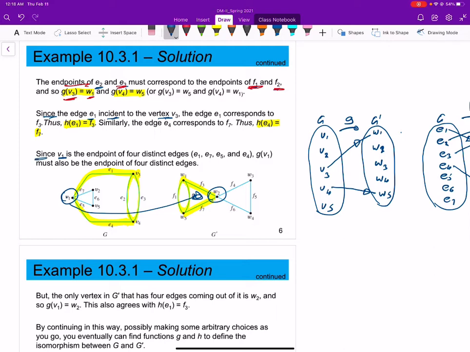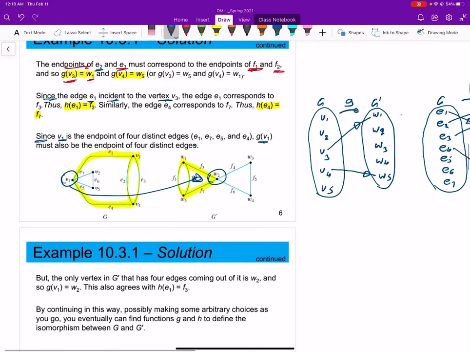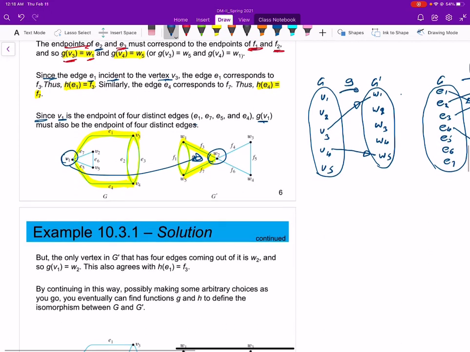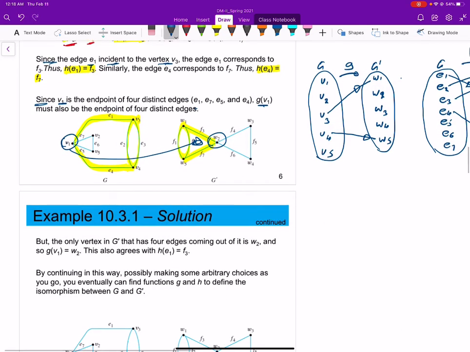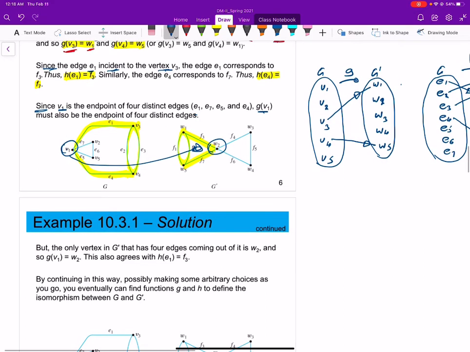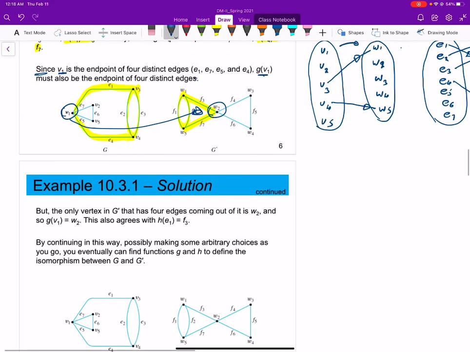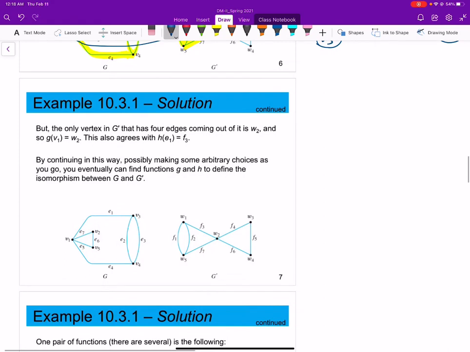Since V1 is the endpoint of 4 distinct edges, G(V1) must also be the endpoint of 4 distinct edges. So then we have to match them. Then go down.